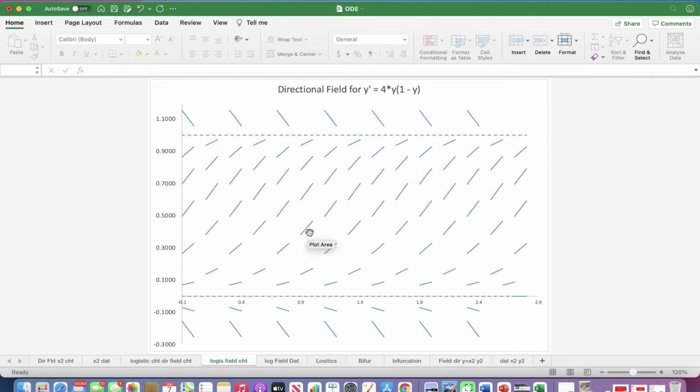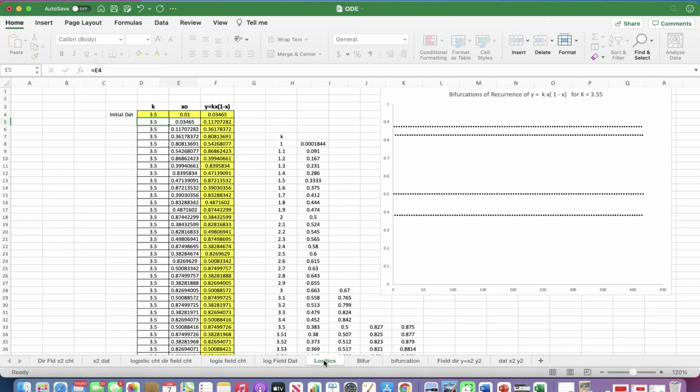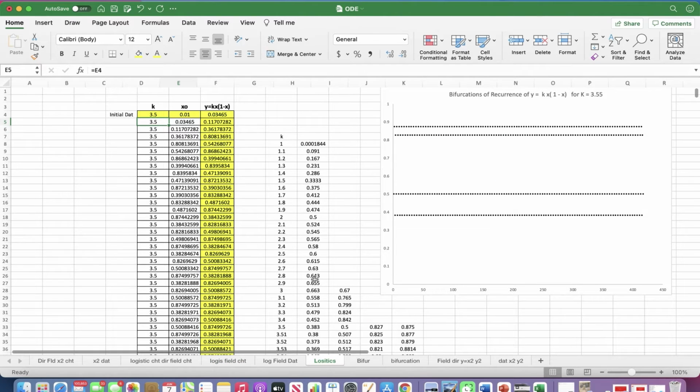I've got a little more. I had talked about the other properties of the logistic equation from a chaos perspective, and I created this little model here where it calculates, I think, something like 180 iterations. And you can see what I'm saying here.